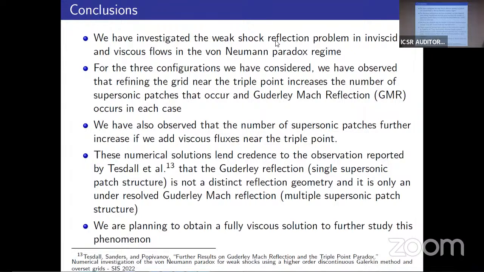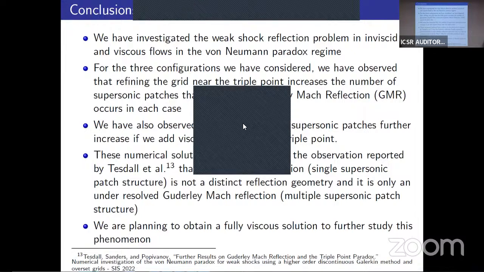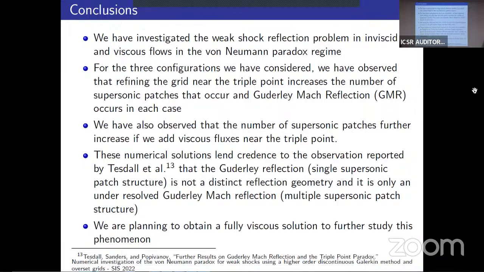So to conclude, we have investigated the weak shock reflection problem in inviscid and viscous flows in the von Neumann paradox regime. For the three configurations we have considered, we have observed that refining the grid near the triple point increases the number of supersonic patches, and adding the viscous fluxes further increases the number of supersonic patches.